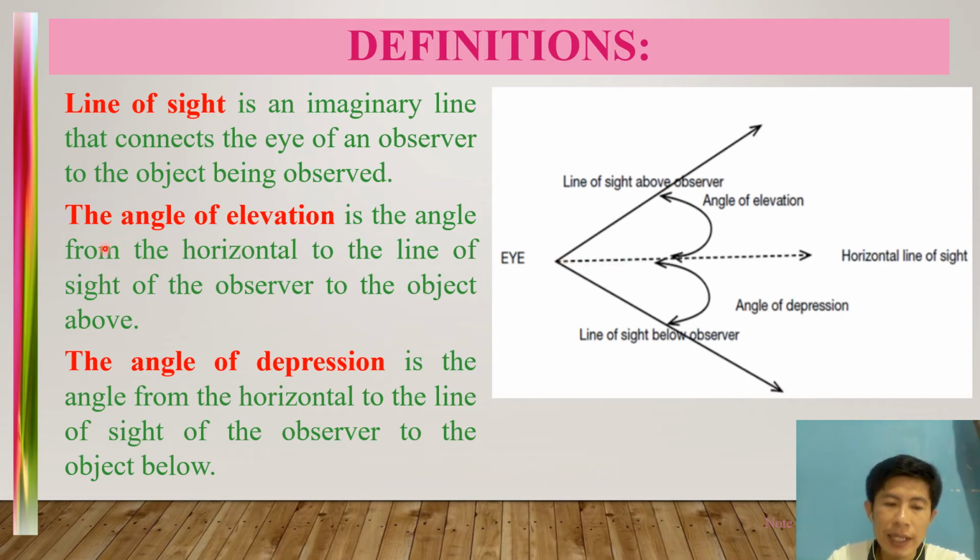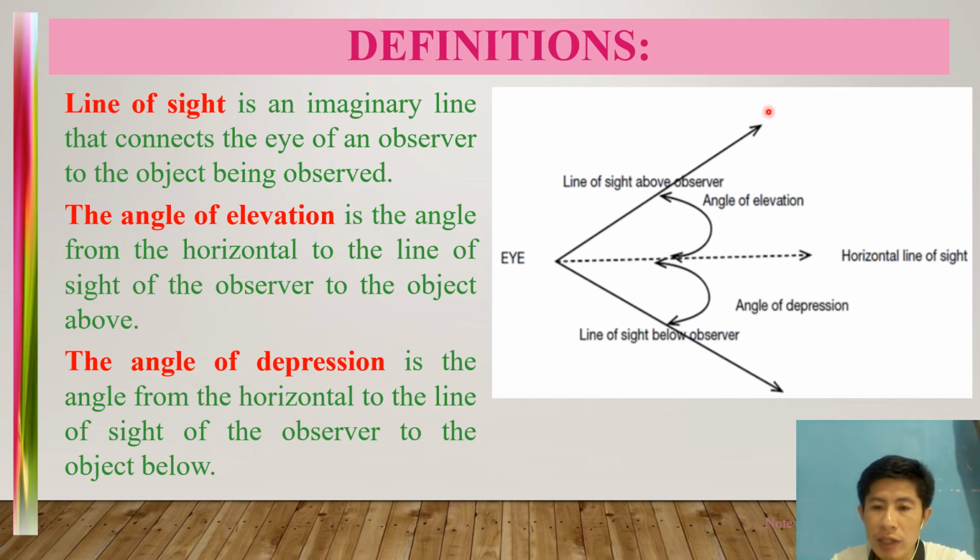Next, the angle of elevation and the angle of depression. The angle of elevation is the angle from the horizontal to the line of sight of the observer to the object above. As you can observe in the illustration, this is the horizontal line of sight.